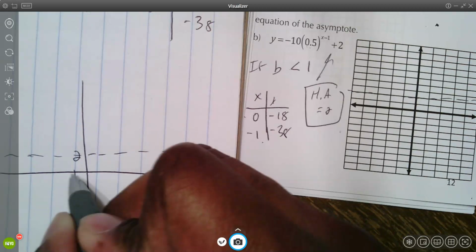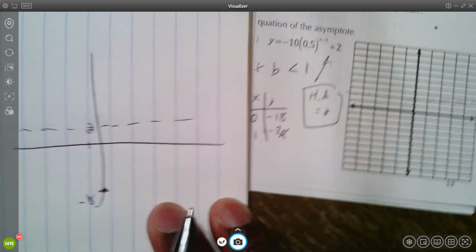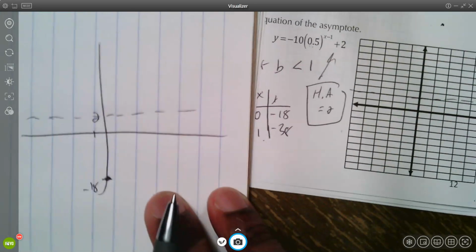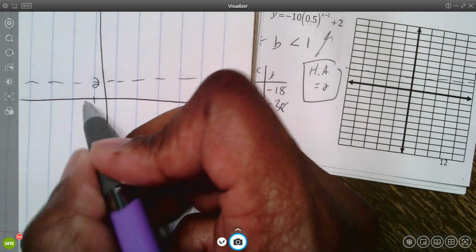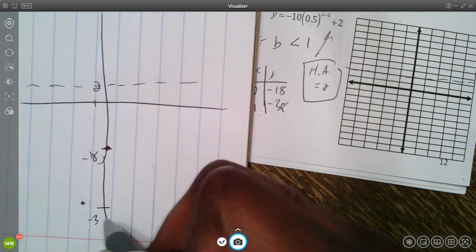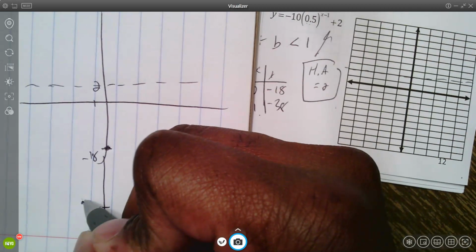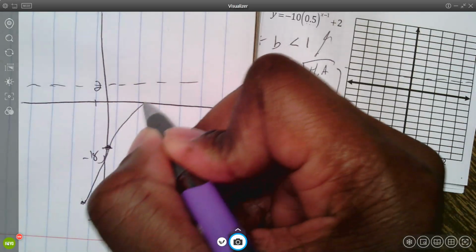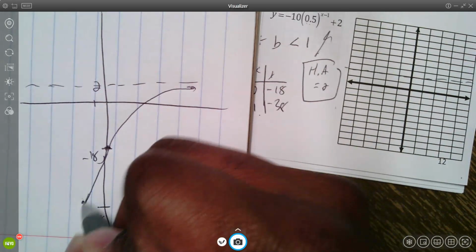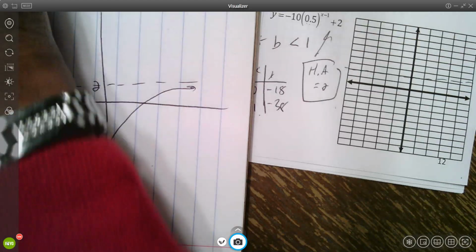So at -1, the output's twice as far down, so I make it look like it's twice as far down. Call it -38. So I have 2 points. I want to make them approach that asymptote like that. And I've now graphed it. That was a really big graph, so I had to make my own. Let's do a different one.